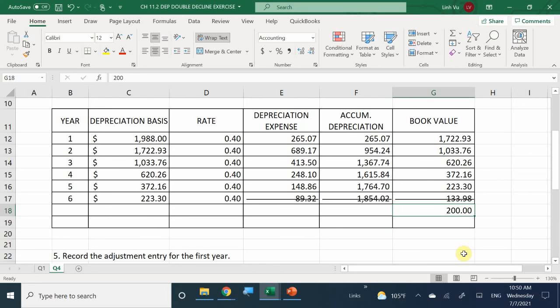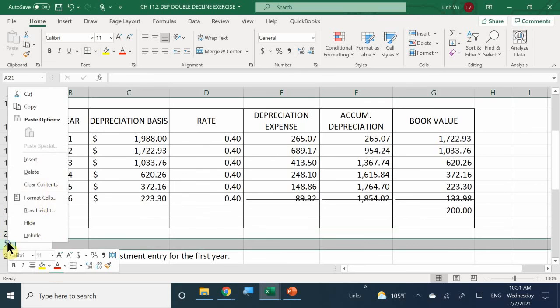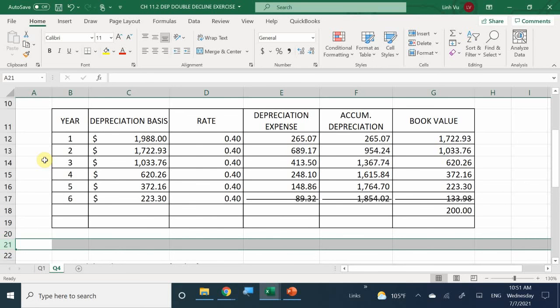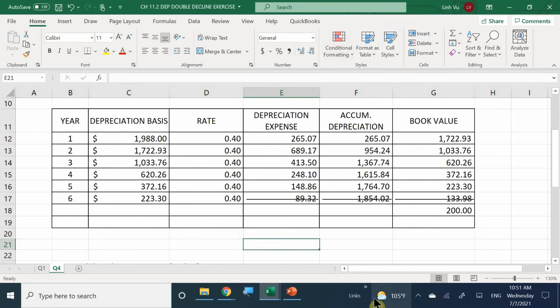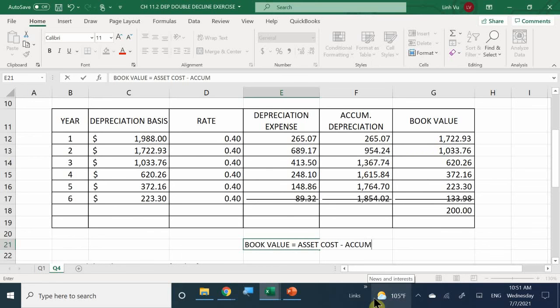So from this idea, if I need to plug into my formula, my formula to solve for book value is going to be book value is equal to asset cost minus accumulated depreciation.